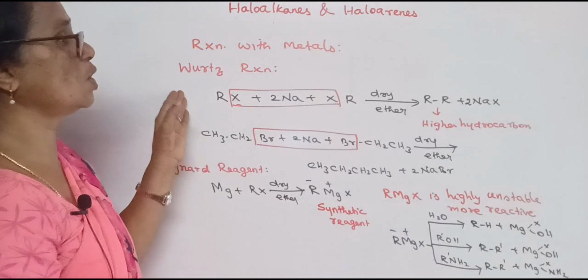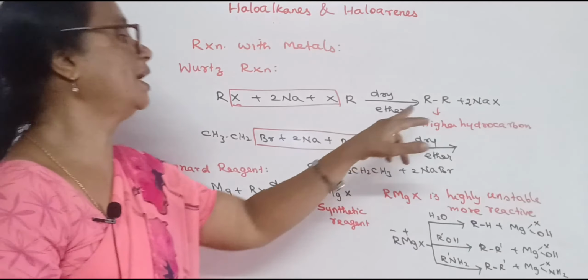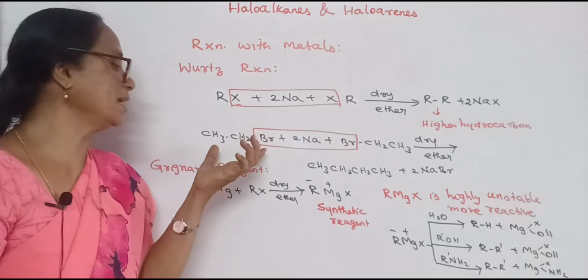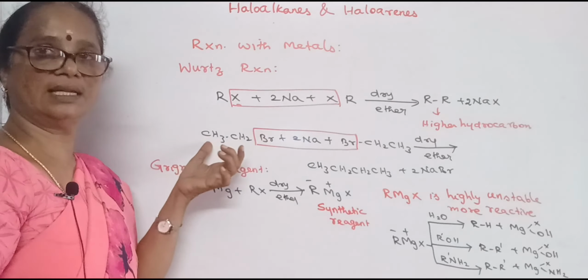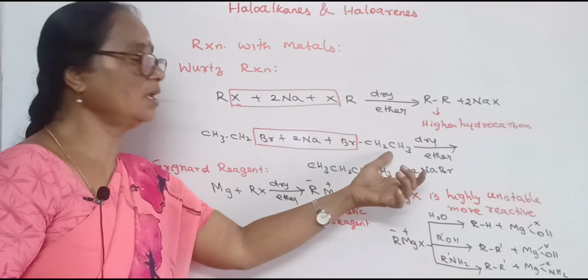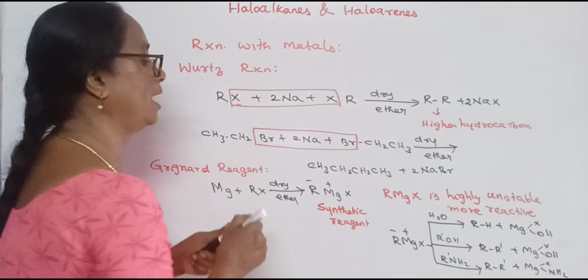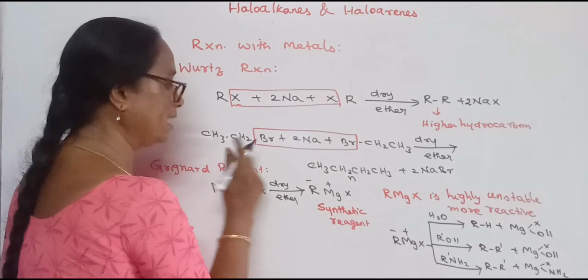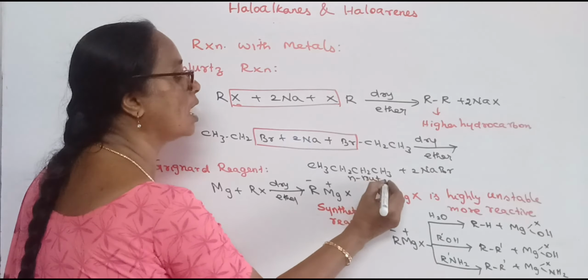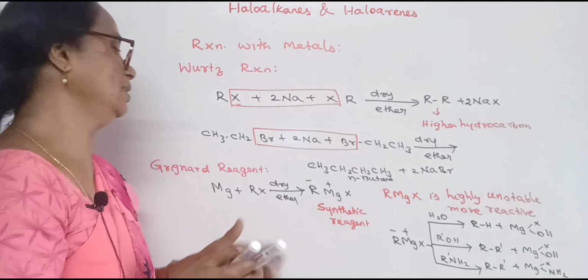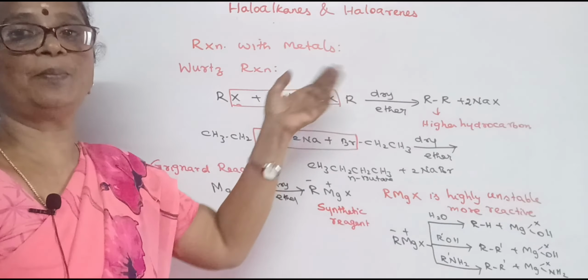So this is also a step-up reaction because we are increasing the number of carbon atoms. Let us take a proper example, bromoethane or ethyl bromide. With another molecule of bromoethane and sodium metal, it forms n-butane as the product. The reactant has only 2 carbons, but the product has 4 carbon atoms. So these reactions are said to be step-up reactions.